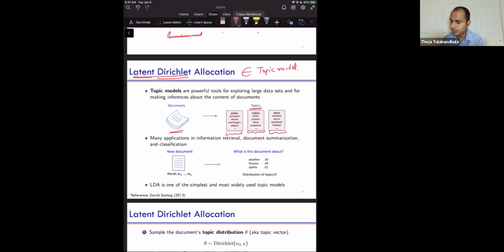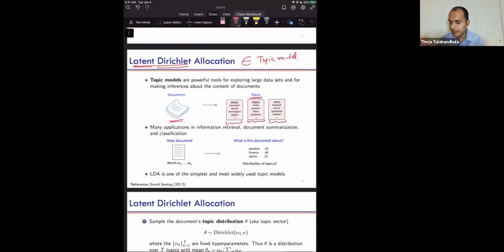Topic modeling is a part of many interesting applications, like information retrieval. For example, if you're searching for documents on the topic sports, then hopefully you get documents back which are related to sports and not other things. You can also summarize documents according to the topics that they belong to, and you can also classify documents.